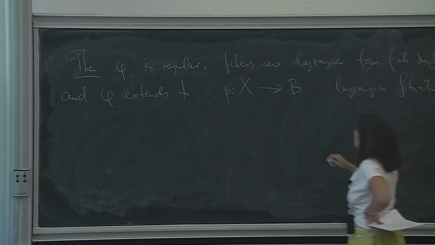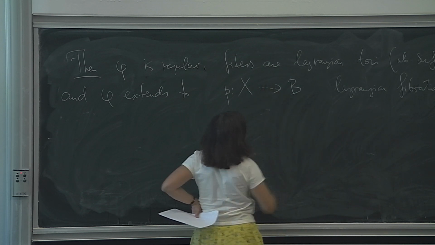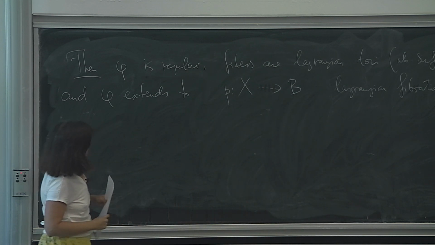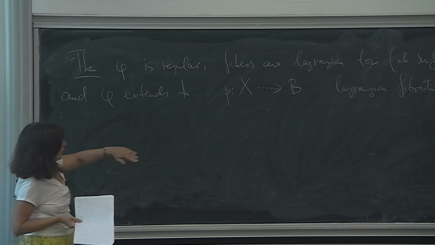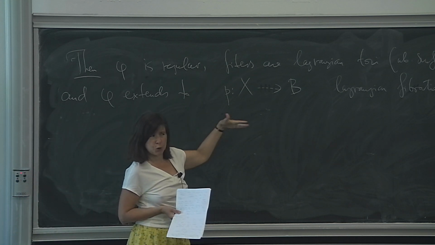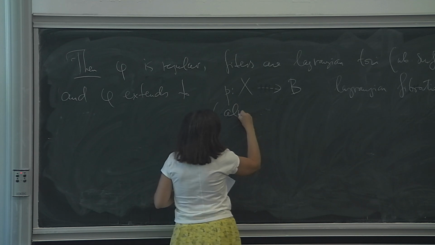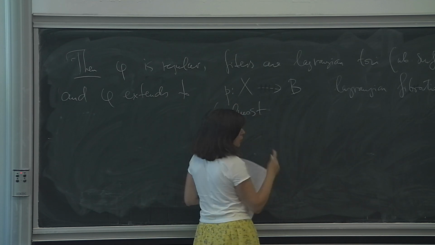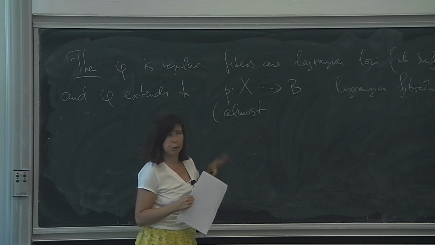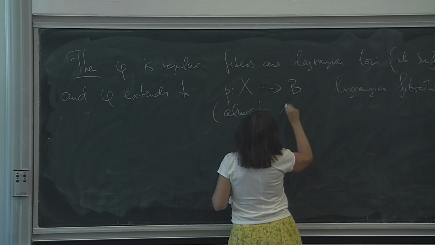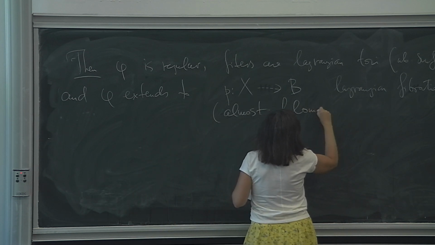Well, only rational, I think, a priori. Phi is regular, but this P is an almost holomorphic map. You make a flop, it becomes holomorphic, but a priori, it's only almost holomorphic.